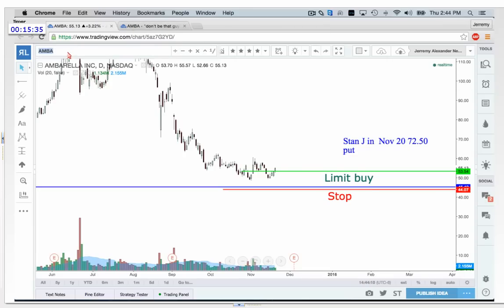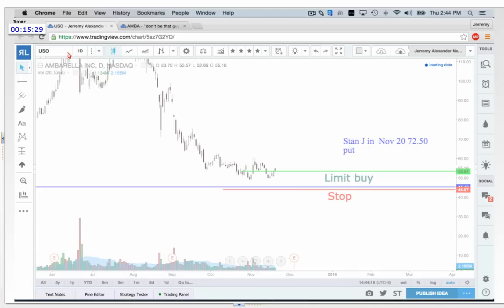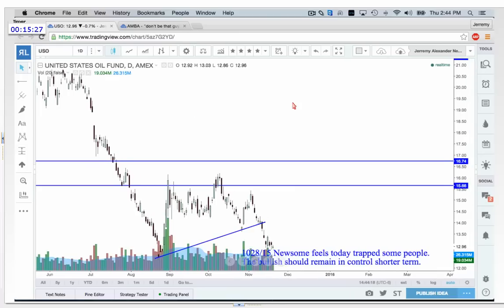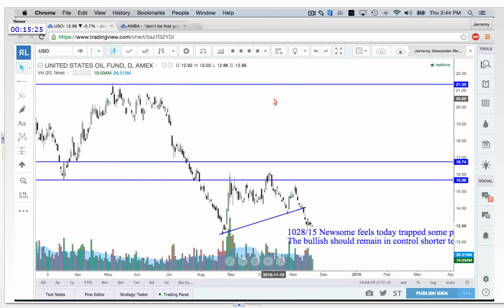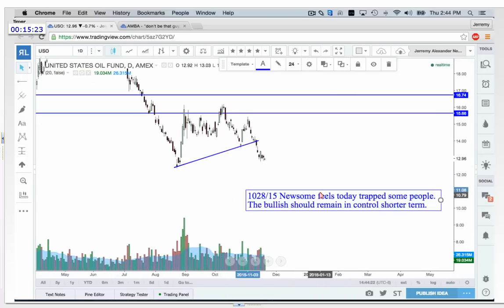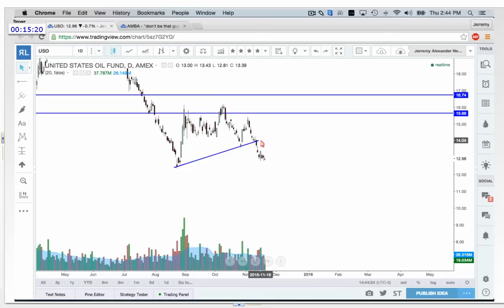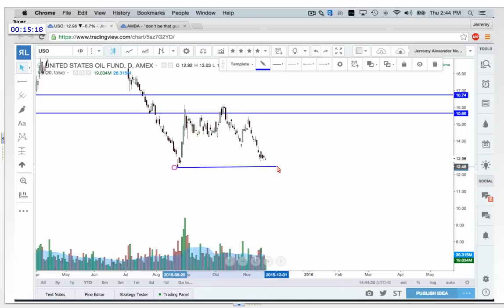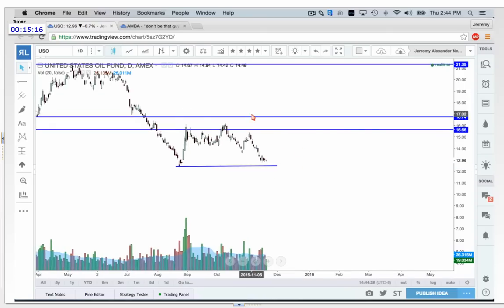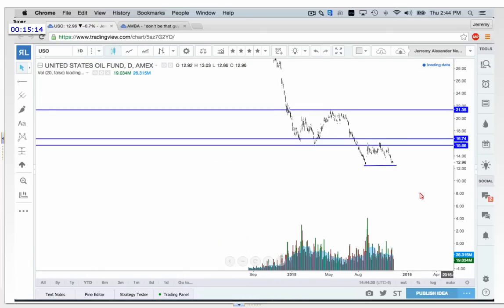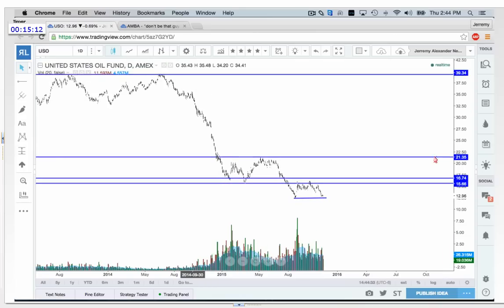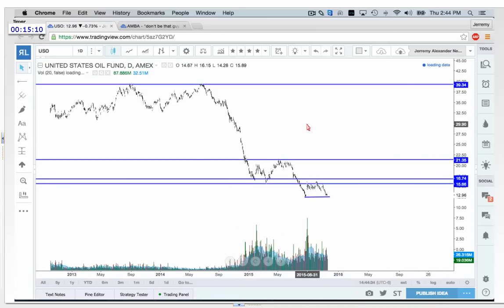Let's go check some of these out. Maybe look for some swing trades I'm looking at. USO. People like USO, United States Oil. So USO, down at these levels, I'm anticipating that this phase we're getting right now is going to be pretty similar to the phase we had recently.